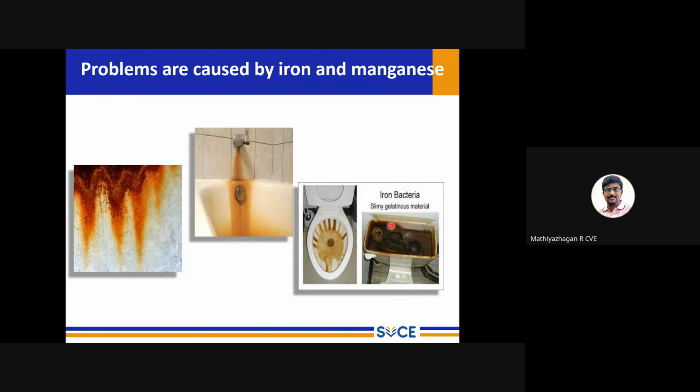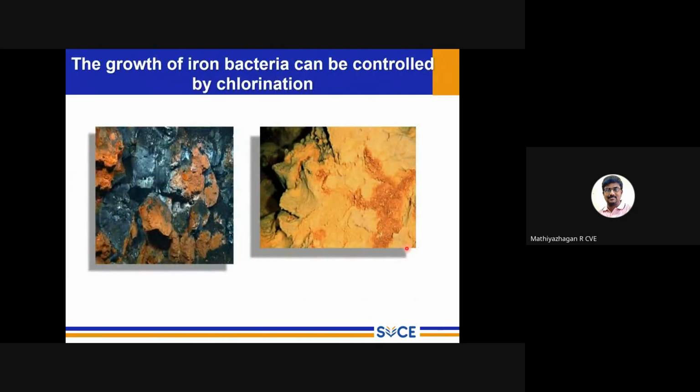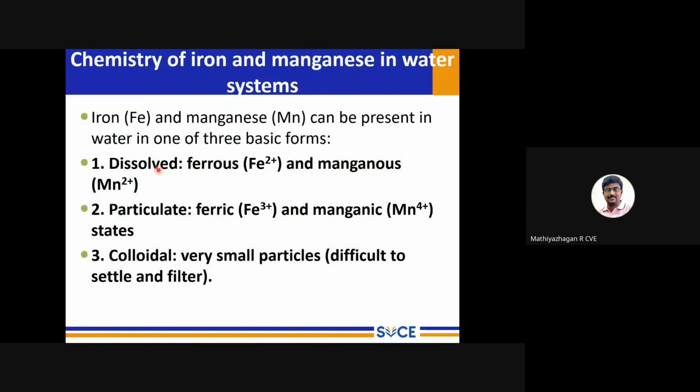Here we have iron bacteria growth in our flushing tank. The brownish color is for iron, and the brown to black color is because of a high level of manganese concentration.